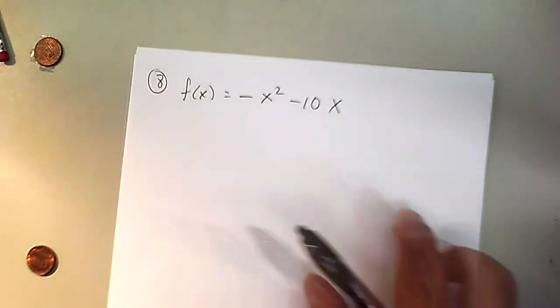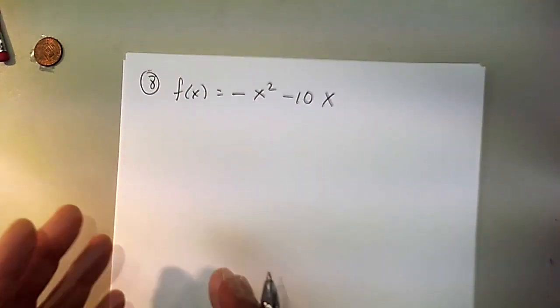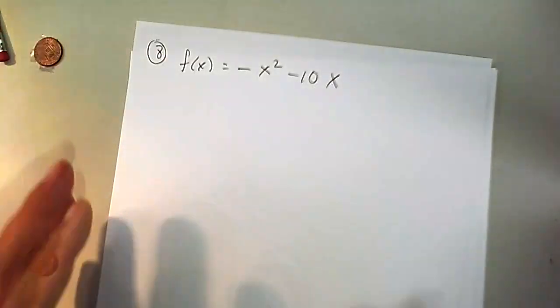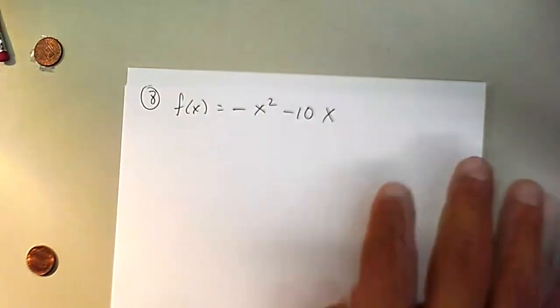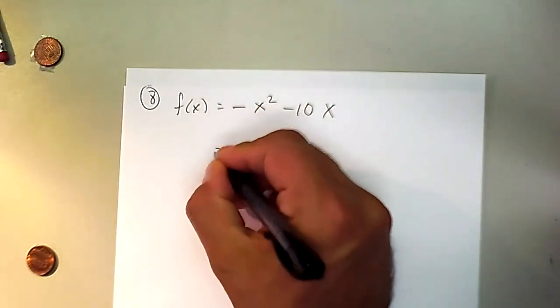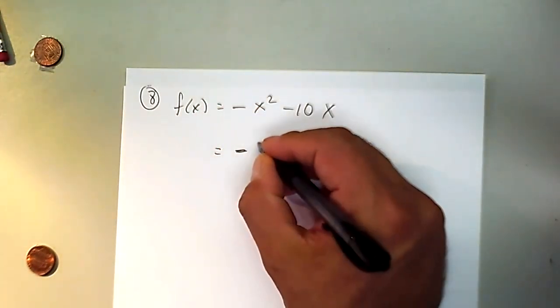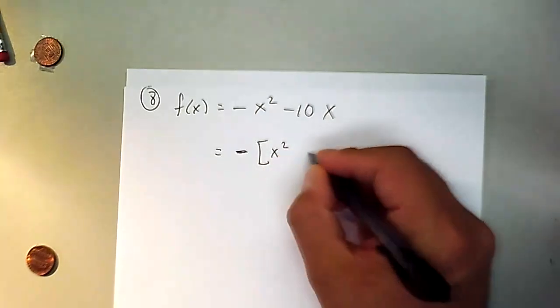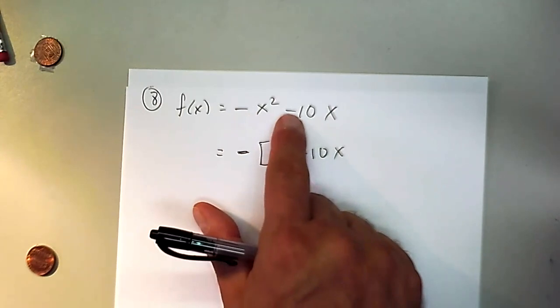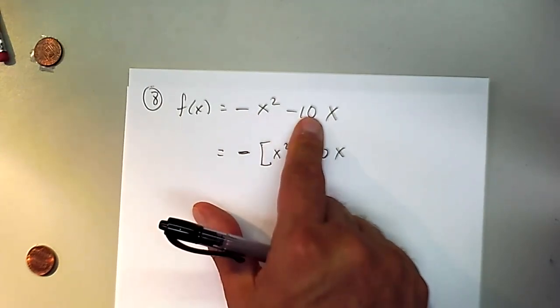The parabola opens down, but when we are dealing with the shift left or right, we have to keep the shift left or right separate from the opening down. So what we do is factor out the negative, and we have x squared plus 10x, because the negative gets factored out of the negative 10 as well.